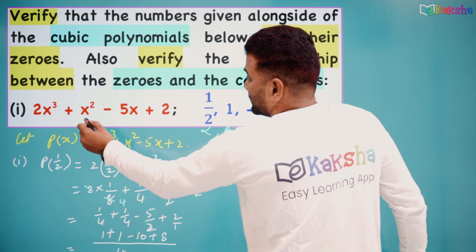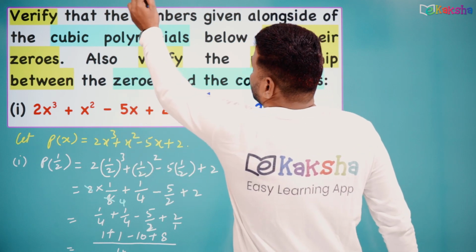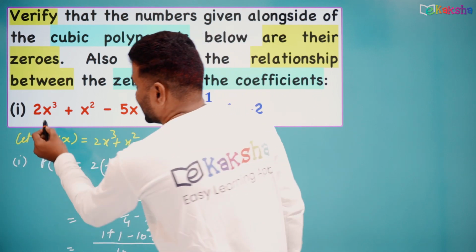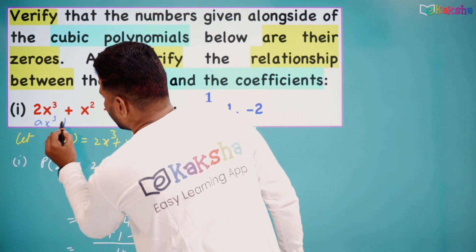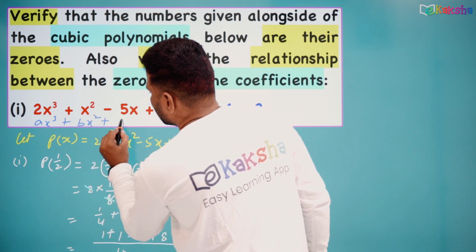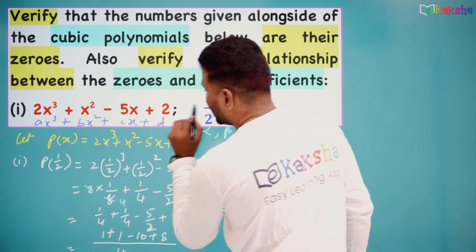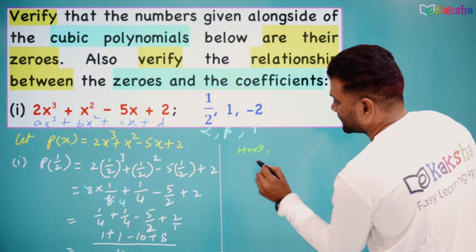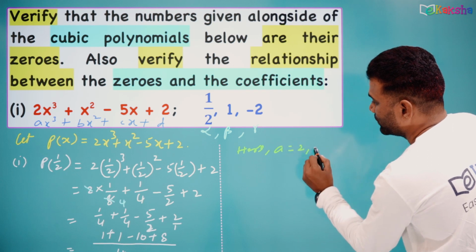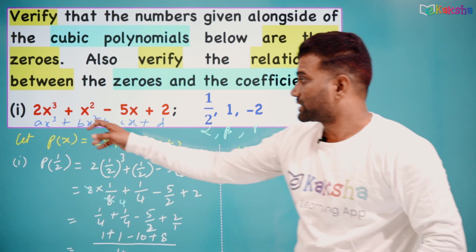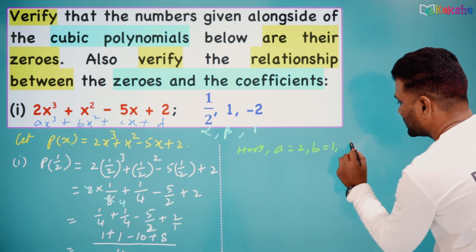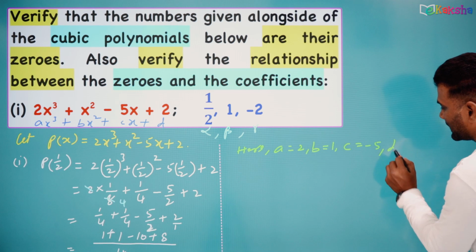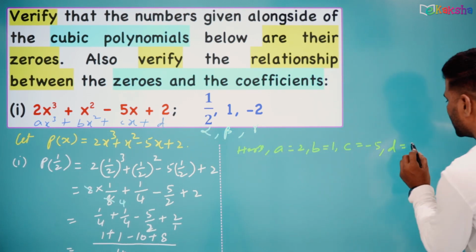On comparing the given polynomial with the cubic polynomial general form, that is ax cube plus bx square plus cx plus d, here a is equal to 2, b is the x square coefficient, that is 1, c is the x coefficient, that is negative 5, and d is the constant, that is 2.